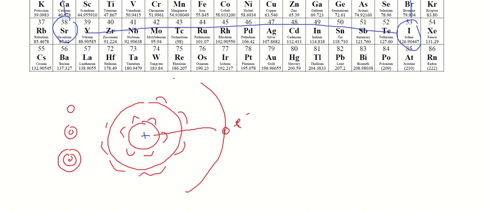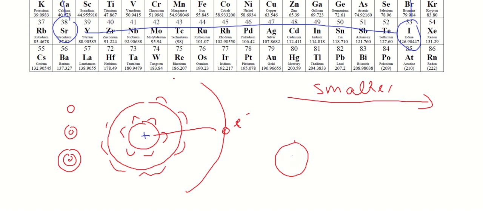Now as you go to the right, atoms generally get smaller. The reason for that is those electrons, which are attracted to the protons, are at the same energy level. So let's say n equals 2.